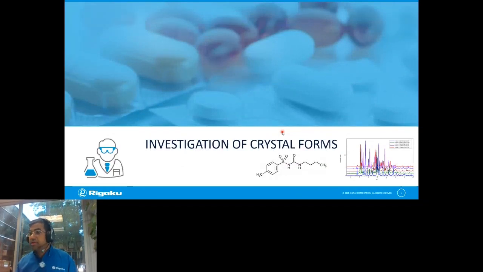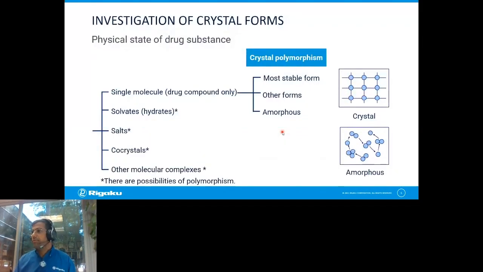Let's go into the investigation of crystal forms. As I said, the physical state of drug could be in various forms, and that also includes the possibility of polymorphism, the single molecule, drug compound only, the solvates, salts, co-crystal, and other molecules. Further, these can be divided into being in crystal form or the amorphous form.